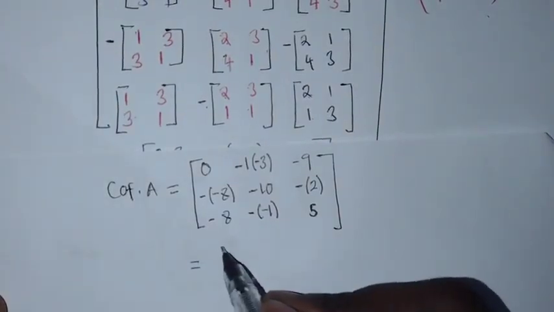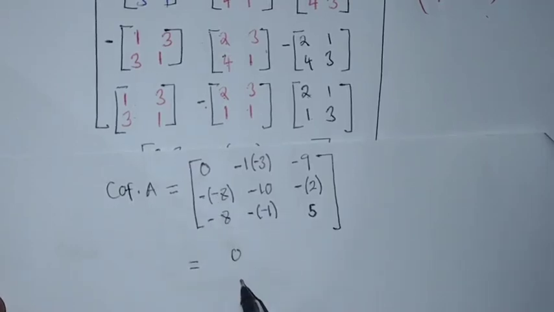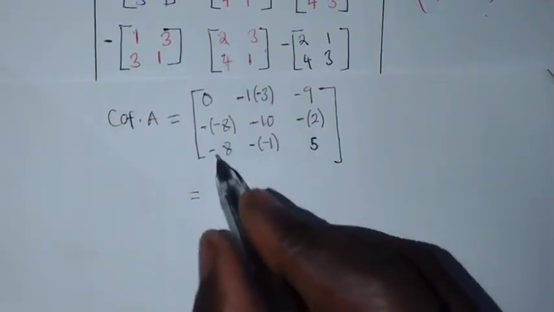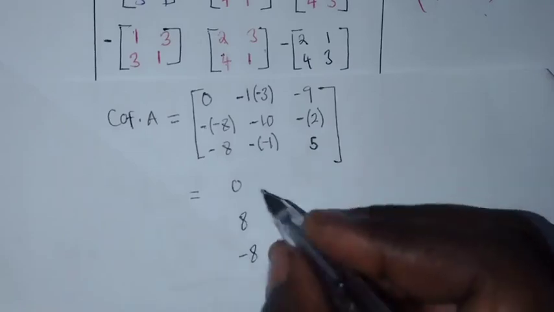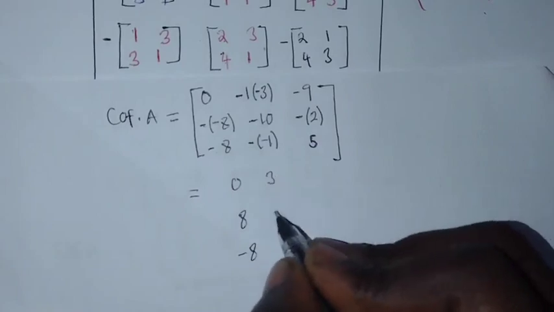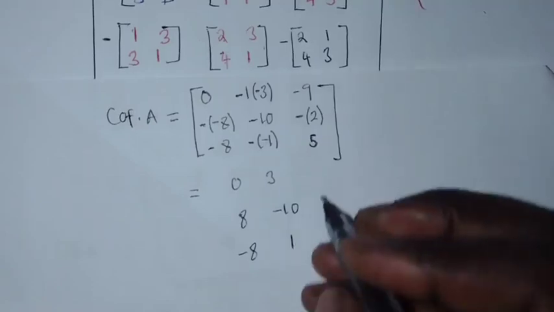So the cofactor of matrix A will be equal to 0, negative, negative. So we are going to get positive 8. Then we write negative 8 here. Negative, negative, we get positive 3, negative 10, negative, negative, we get a 1 here.